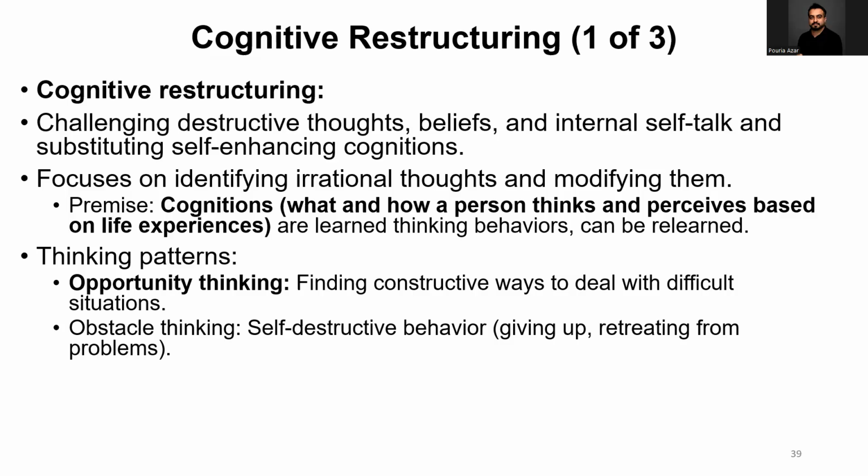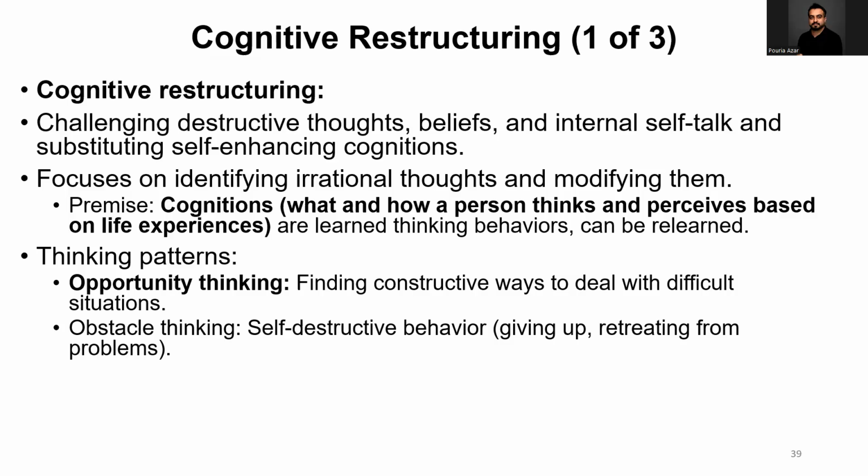There are two types of thinking patterns: opportunity thinking and obstacle thinking. Opportunity thinking is finding constructive ways to deal with difficult situations. Obstacle thinking is self-destructive behavior, like giving up and retreating from problems.